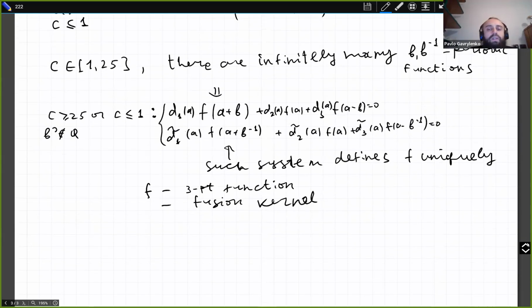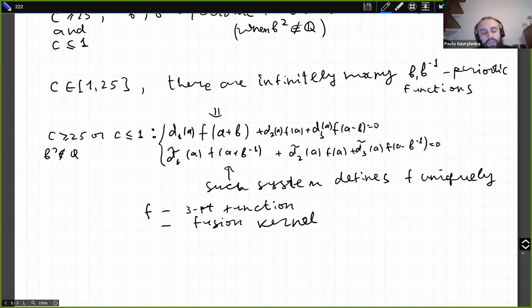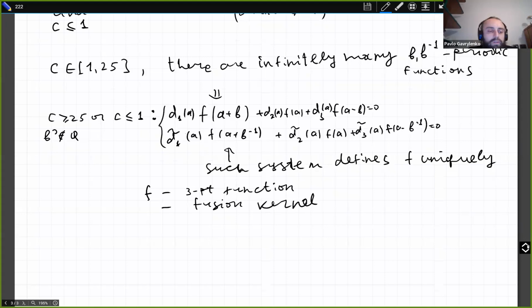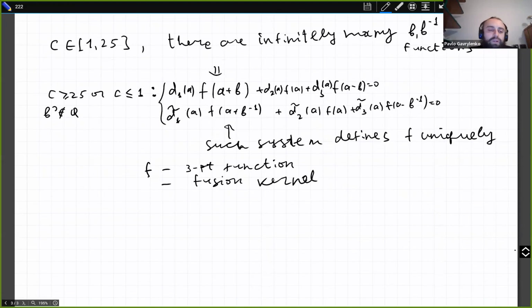So if you are in this region greater than 25 or less than 1, then if you manage to find some solution of a pair of such difference equations, it means that the solution is unique up to constant, and because of this a lot of objects are well defined in these regions.